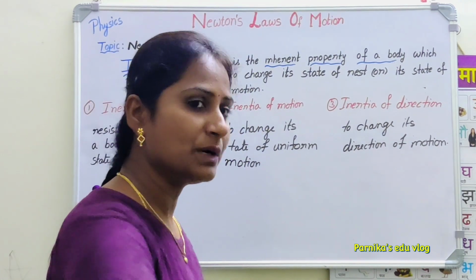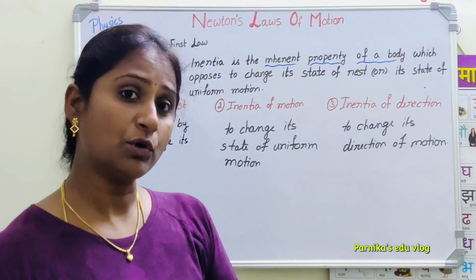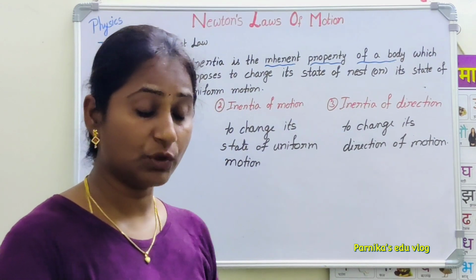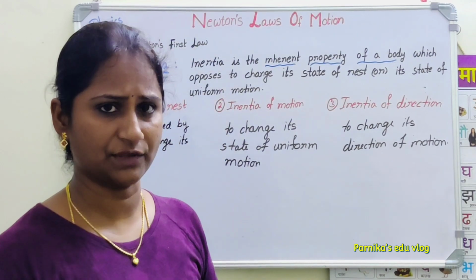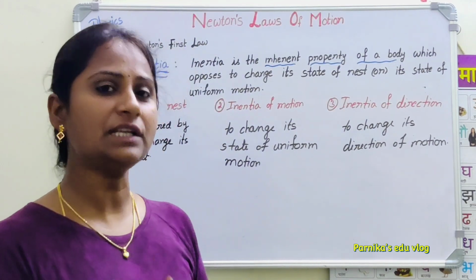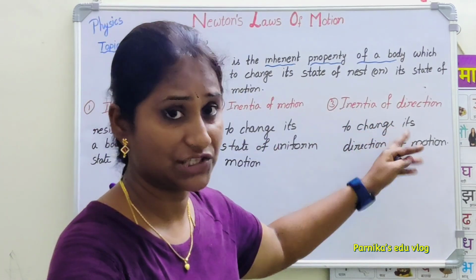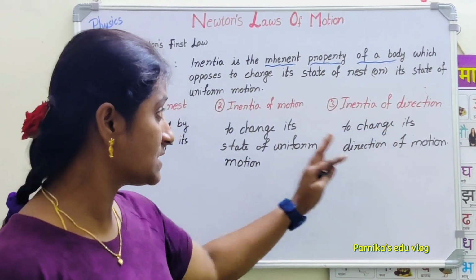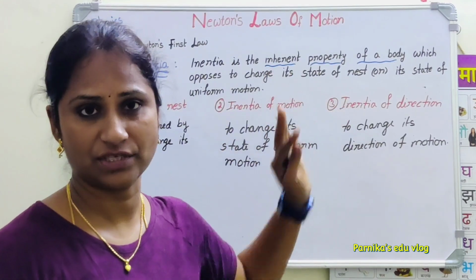Now the bus driver has turned onto a curved path. So your body is opposing that curved path. You are not able to change your direction initially. That opposing nature we are calling the inertia of direction. Okay. So these are the examples for the three different types of inertia.